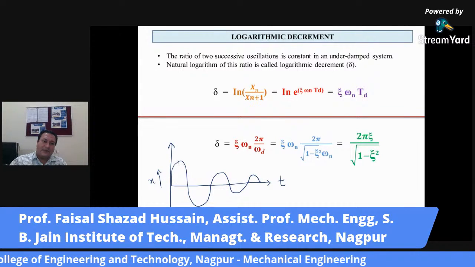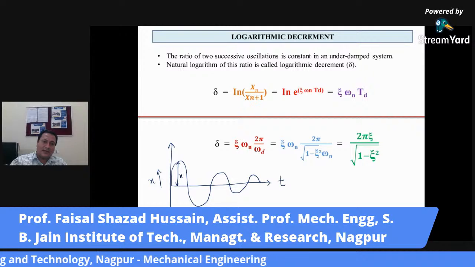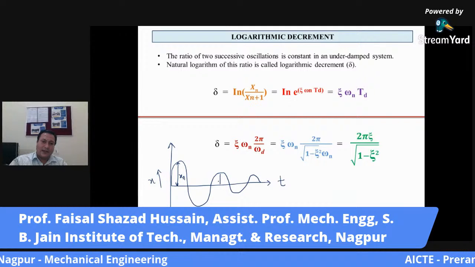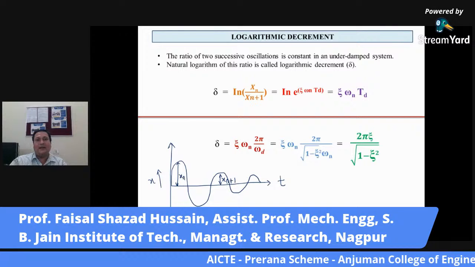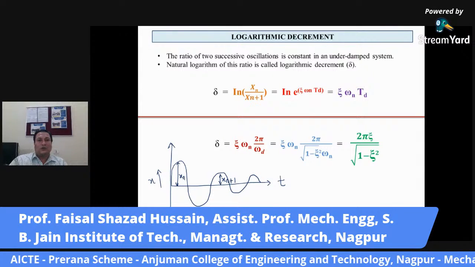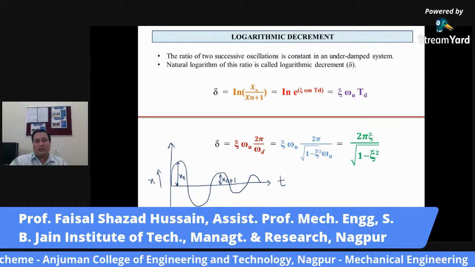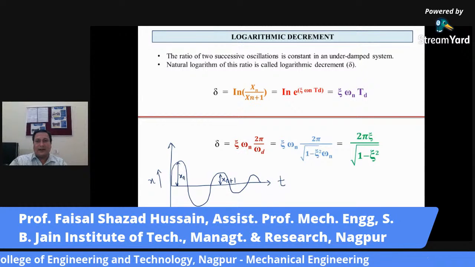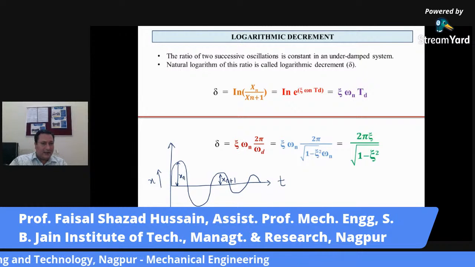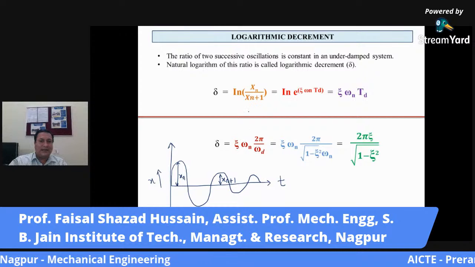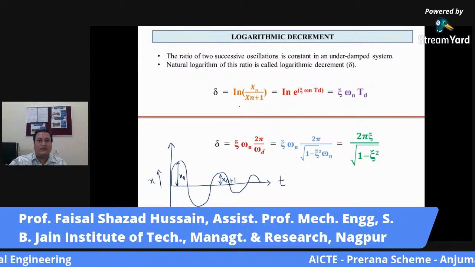For example, if this amplitude is xn, on the same side of it, if it is x(n+1), then the ratio will be constant. So the ratio of two successive oscillations is constant in an underdamped system, and logarithmic decrement can be defined as the natural logarithm of this ratio.